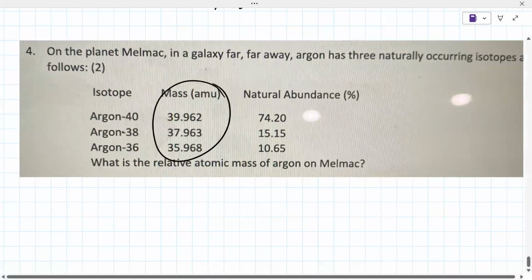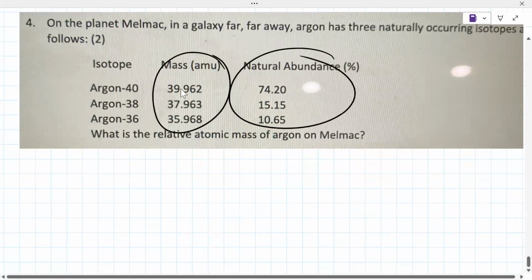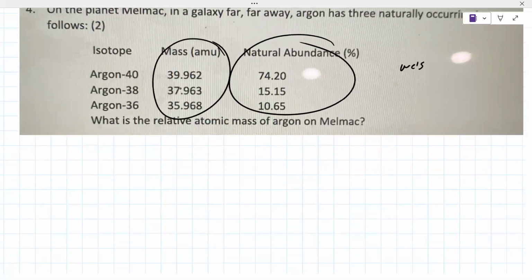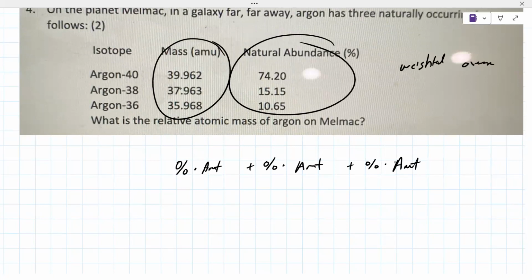These two numbers are the two things that you care about. All we're doing in this problem is what's called a weighted average. A weighted average is percent times amount plus percent times amount plus percent times amount. And that's it.